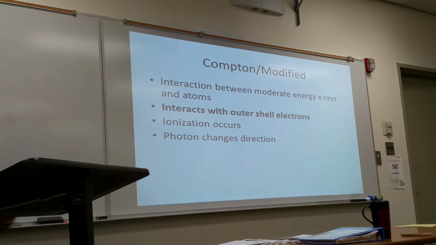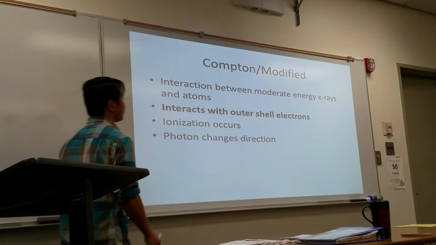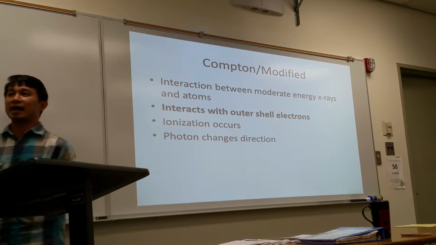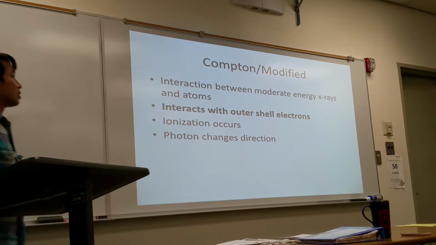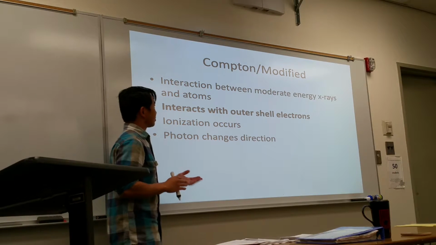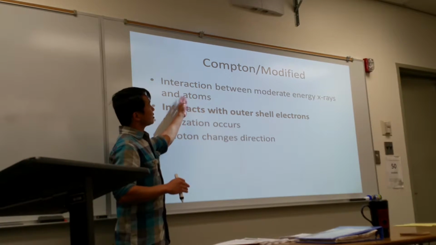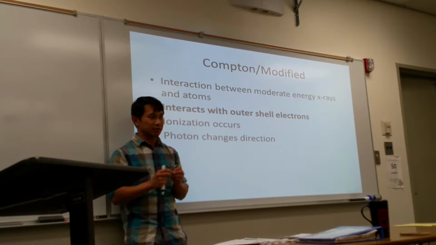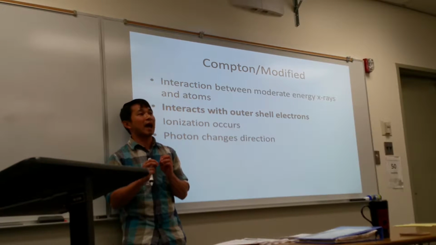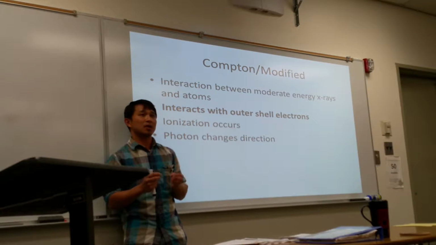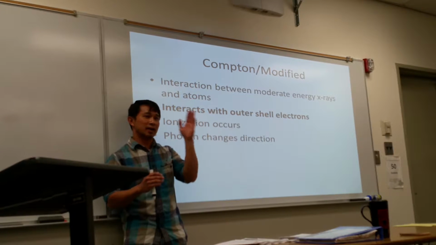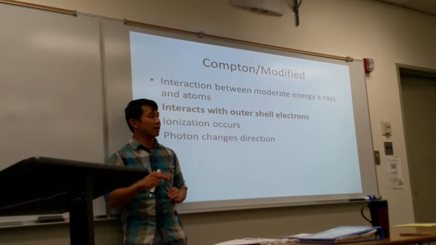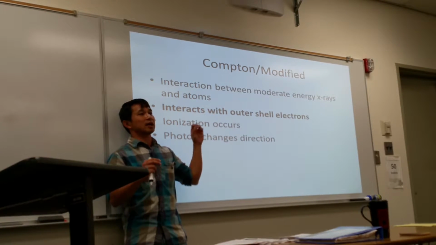All right, Compton or modified scatter radiation, that's another name. This is the interaction between moderate energy X-rays and the atoms. Since the energy is much higher, the interaction occurs at the outer shell electron, whereas with classical, the energy is weak and interacts with the whole atom.